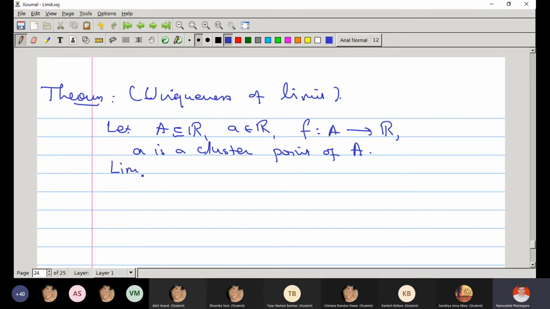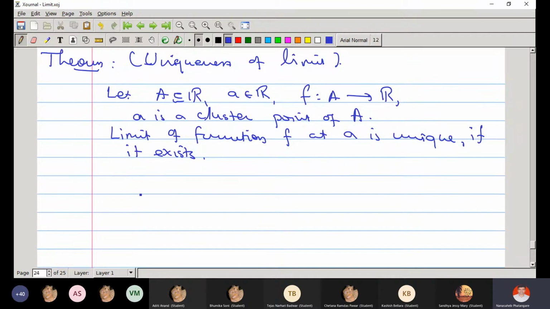Limit of function f at a is unique if it exists, right? So limit of a function is unique at a point.